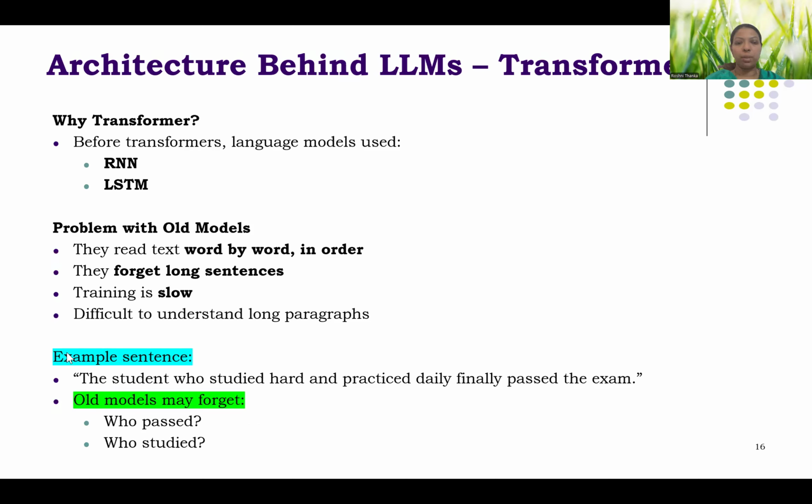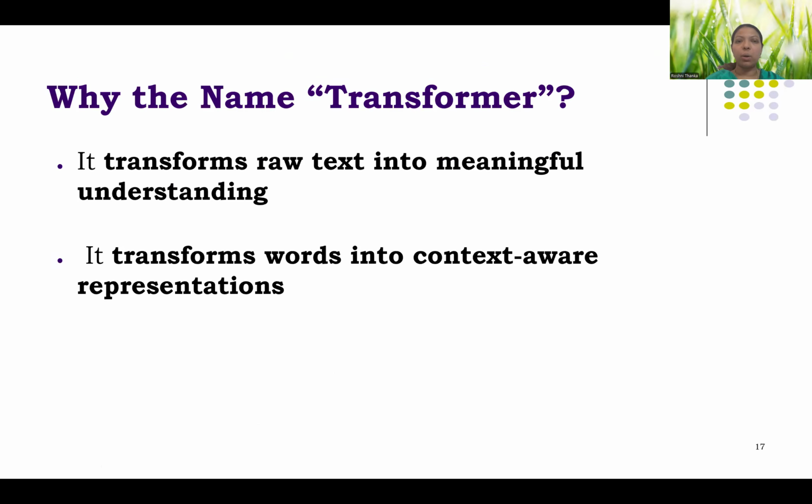For example, consider this sentence: the student who studied hard and practiced daily finally passed the exam. If I have a very big sentence, the old model cannot remember who passed, who studied, all these things. But the transformer is not like that, because of the attention mechanism used in the transformer model.